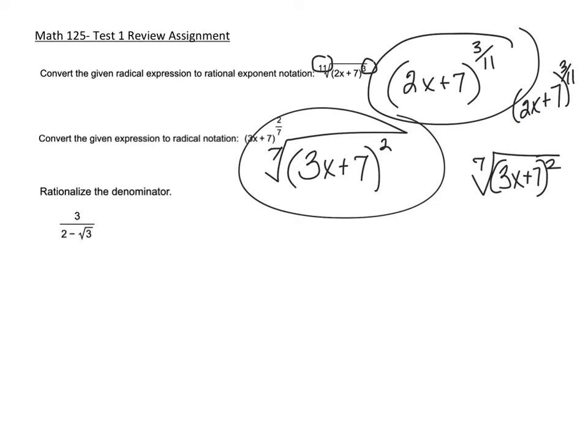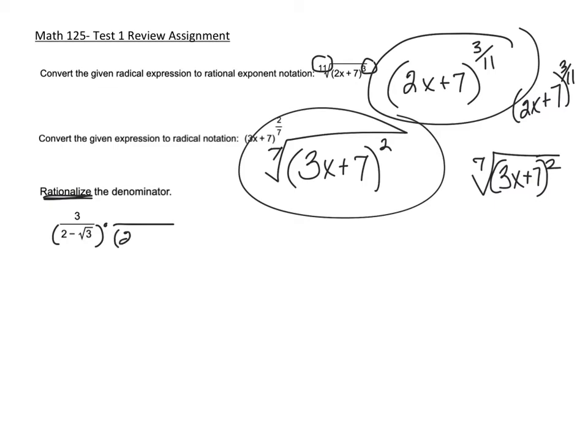Okay, now let's go to the third problem. Rationalize the denominator. Remember, rationalize the denominator simply means we want to rewrite this to where there's no square root sign in the denominator. The way we do it is we use the conjugate. In my denominator we have 2 minus the square root of 3.